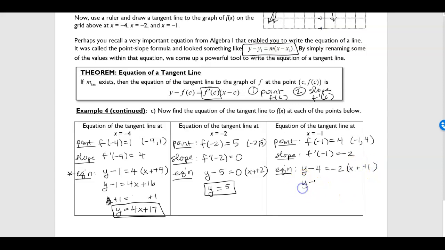Let's go ahead and simplify. Negative 2x minus 2, and add 4 to both sides. I have y equals negative 2x plus 2. And I could see on my graph up above, it seemed like my tangent line would cross the y-axis at 2.